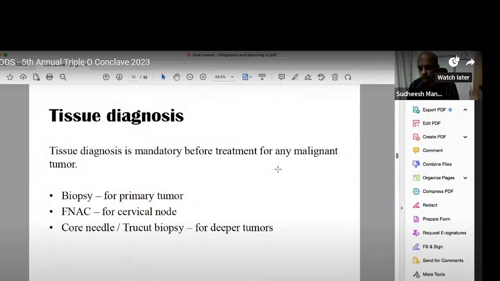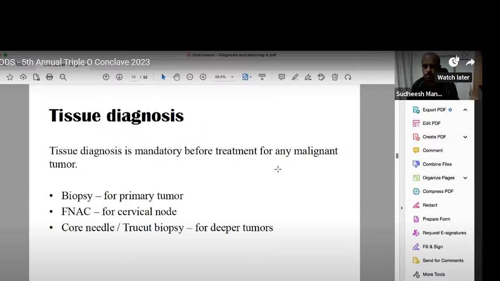Once you do a clinical evaluation, examination of the oral cavity and neck, the next thing you have to do is a biopsy. You should get a tissue diagnosis before starting cancer treatment. So tissue biopsy is one thing, and second is FNAC of the cervical node. If you have a positive biopsy report, you don't have to do an FNAC.